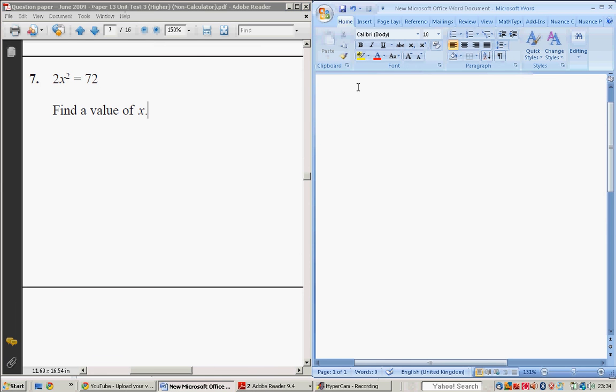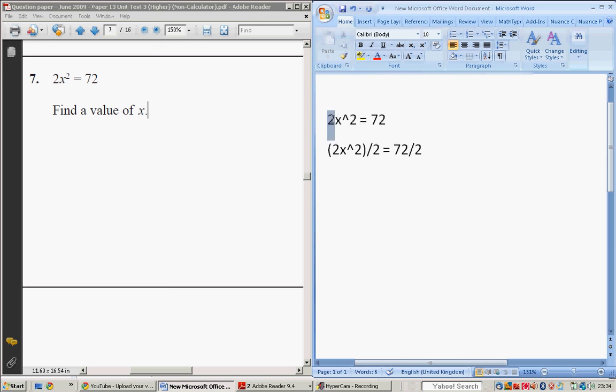Let's see. Okay, hopefully this works. 2x to the power of 2 equals 72. I'm not sure which one it is, so I'm going to try both and see how it goes. For 2x to the power of 2, I'm going to do the inverse of times 2, which is divided by 2, and I'm going to do that to both sides to keep the equation balanced.